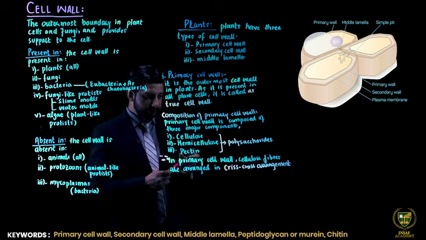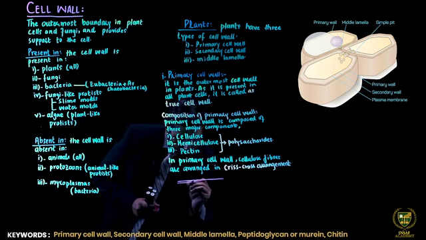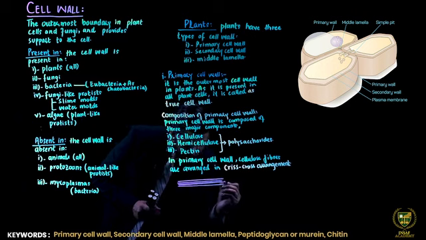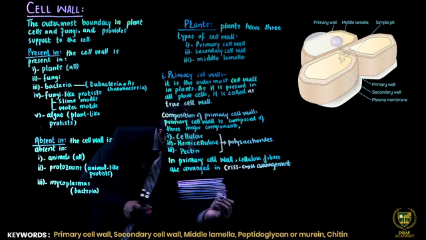So how this criss-cross arrangement looks like? So these are the fibers of cellulose, seen under the microscope.